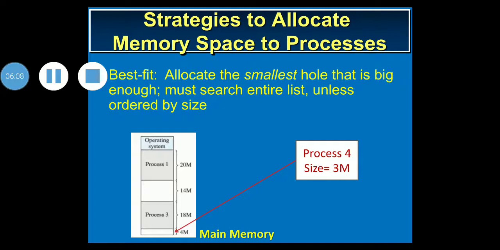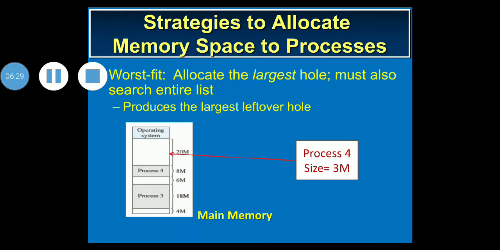Out of this, there are two holes, 14M and 4M. According to the best fit criteria, 4M hole is best suited to store the process 4 with the size requirement as 3M. This is termed as best fit allocation method.